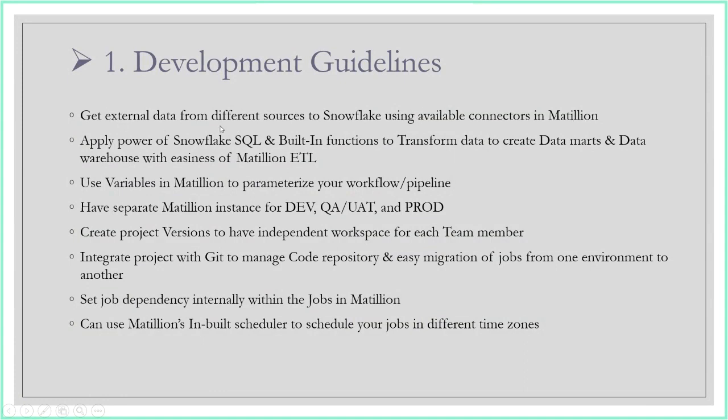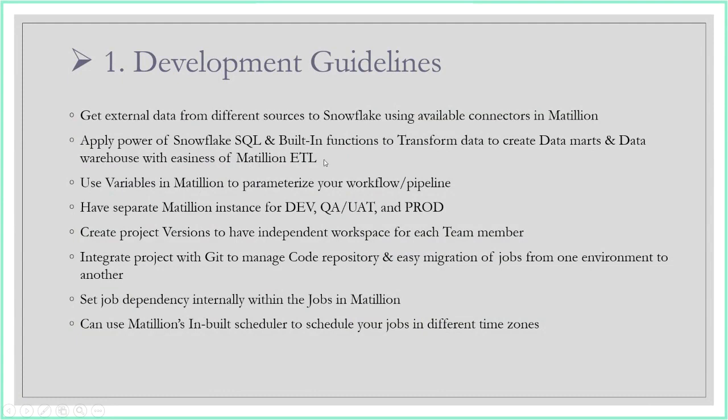So that means when we create an orchestration job, and if we need to get the data from external sources, then you can get the data using the connectors available in Matillion, right?